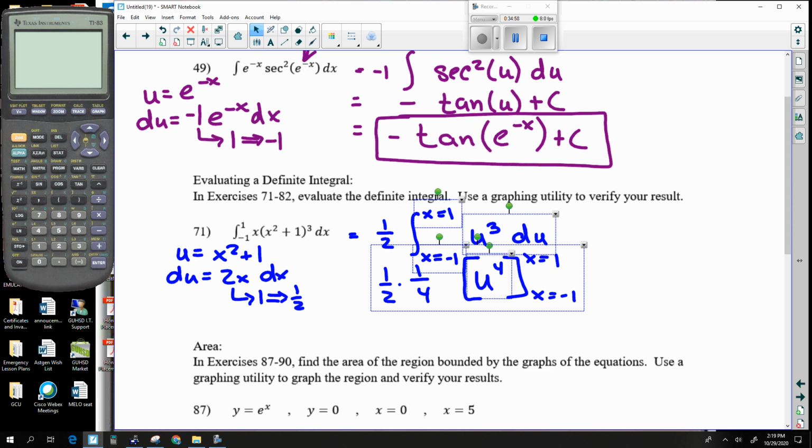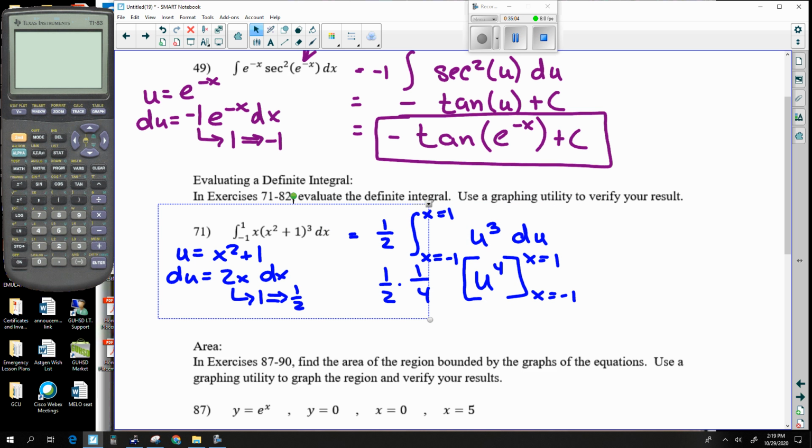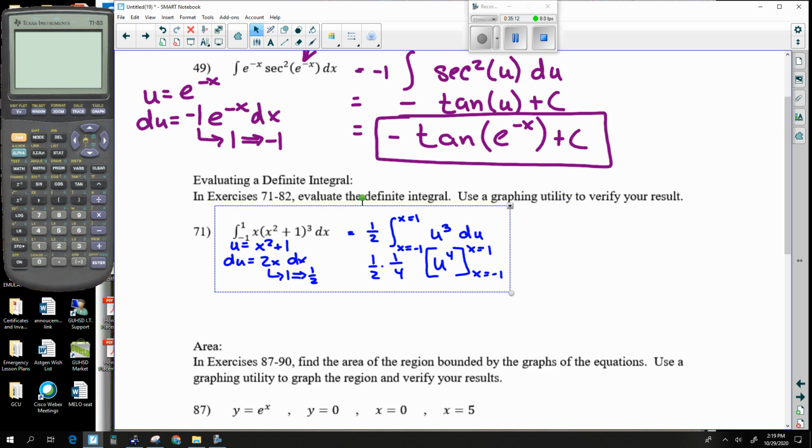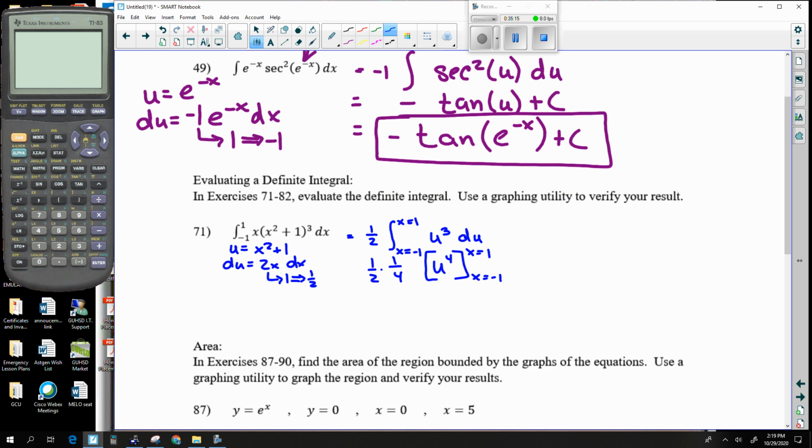Okay, so this is 1/8, and then the u is actually x squared plus 1 to the 4th. And now we're back in the world of x's, so this is back to negative 1 and 1.